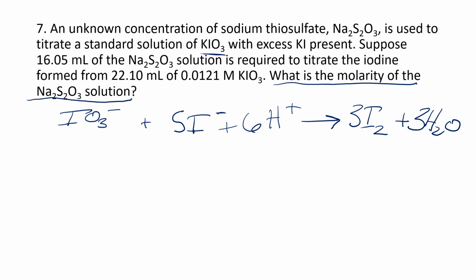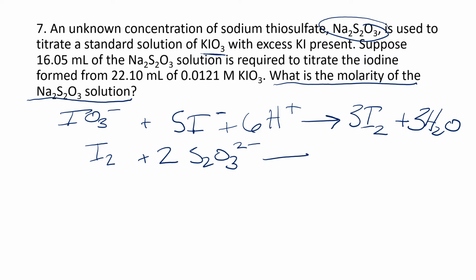And then I2 plus 2S2O3 2 minus, that's the same thing as sodium thiosulfate, we just took the sodium off, becomes 2I minus plus S4O6 2 minus.